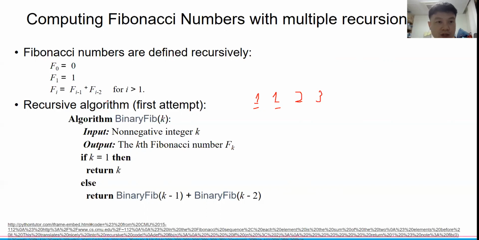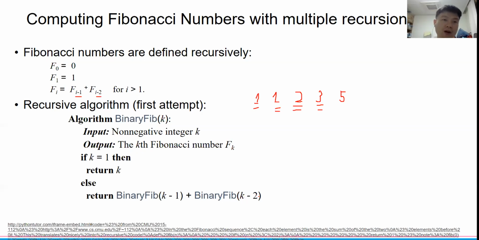What is 3? 3 is the result of i minus 1 plus i minus 2, so 3 is 2 plus 1. Then the next is 5. How can we get 5? 5 is the result of 3 plus 2. And so on. So we can use this recursive method, binary fib k minus 1 plus binary fib k minus 2.